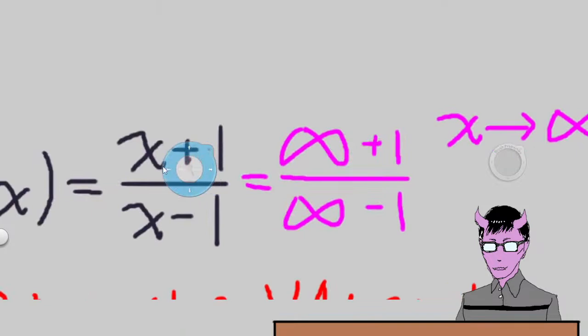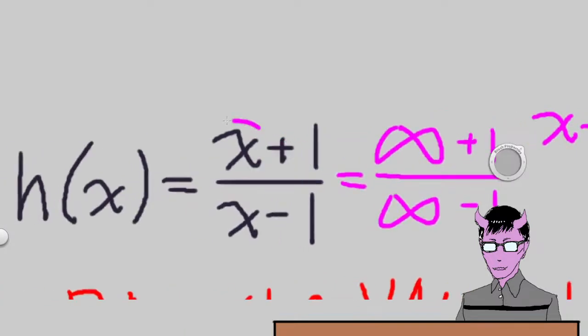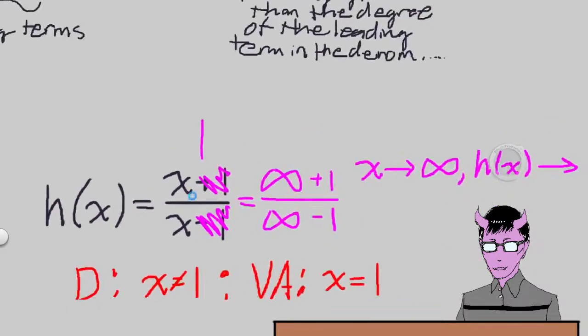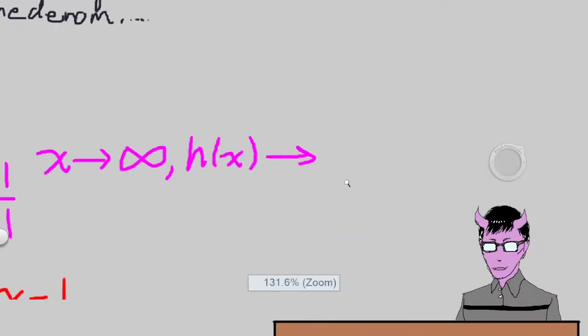For now, just assume that x to the power 1 outgrows this constant. x to the power 1 also outgrows that constant. So in essence, this huge number is equivalent to that huge number, almost. So when you divide a huge number that's practically the same as this one, you get 1. Which means this one approaches 1.